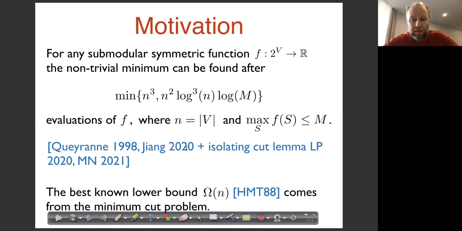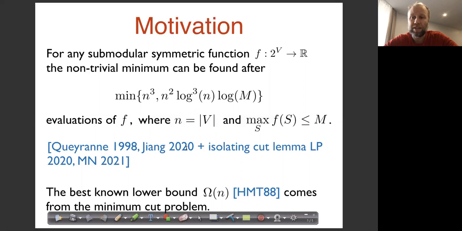But the best lower bound is just omega n, and that comes from a very special case. If you want to just tell if a simple graph is connected or not with cut queries, then we know that takes at least omega n many cut queries, and that actually goes back to a result in communication complexity by Hajnal, Maass, and Turán.